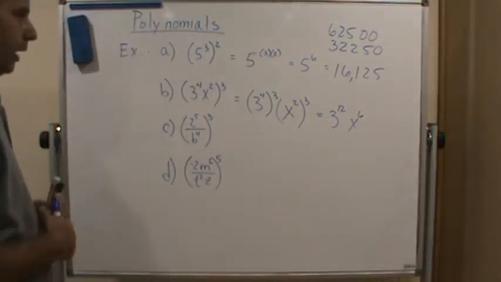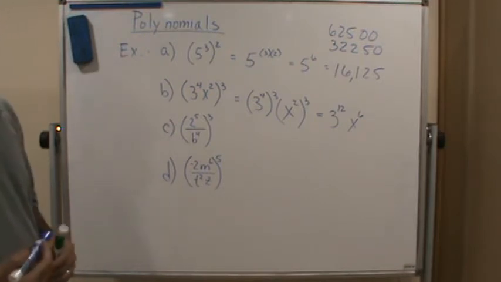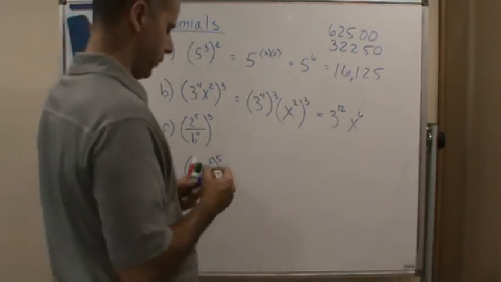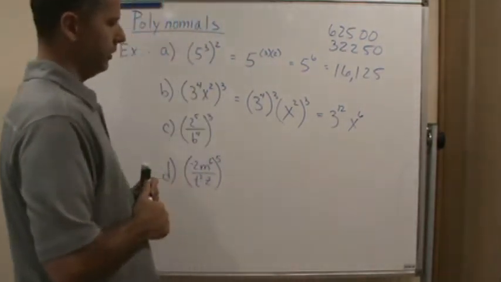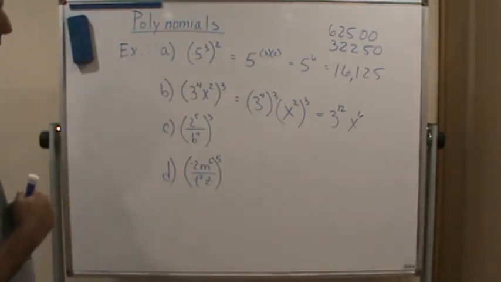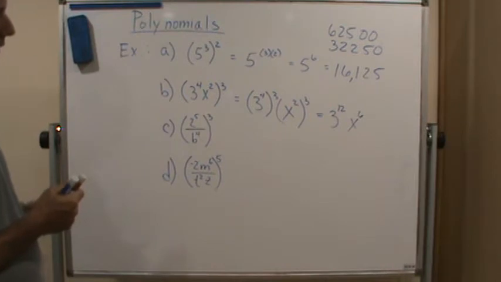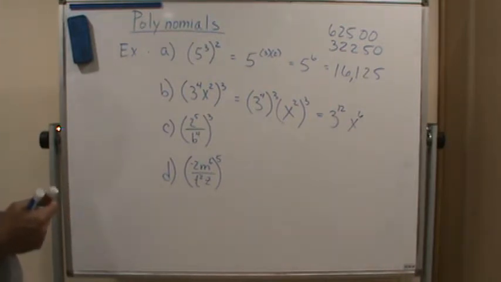Okay? Then of course we need to figure out what 3 to the 12 is. Again, you could use your calculator. Okay, so let's see here. 3 to the 12, so 3 squared is 9. 9 times 9 times 9 is 729.